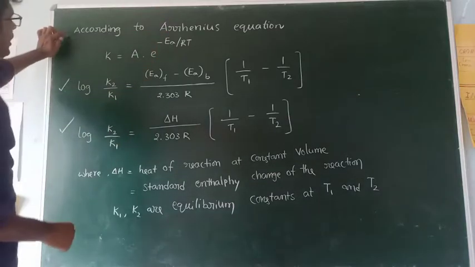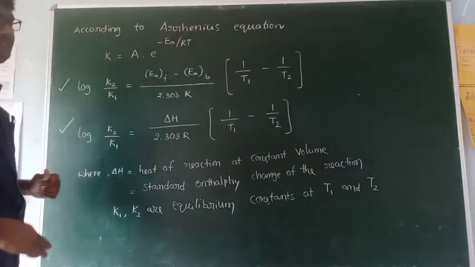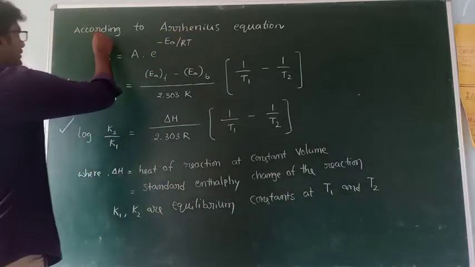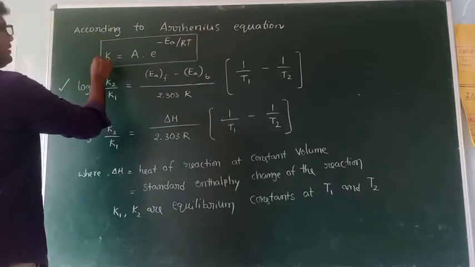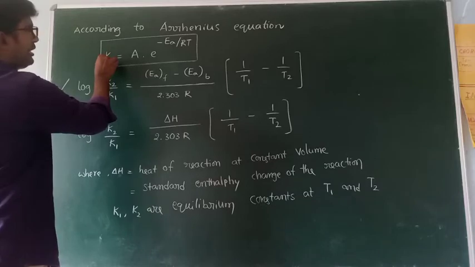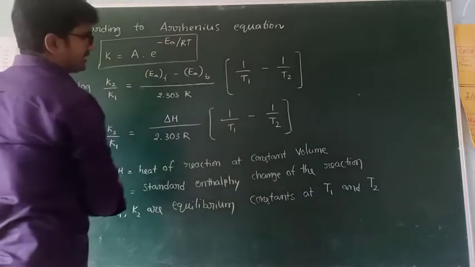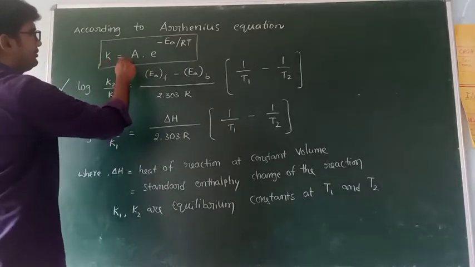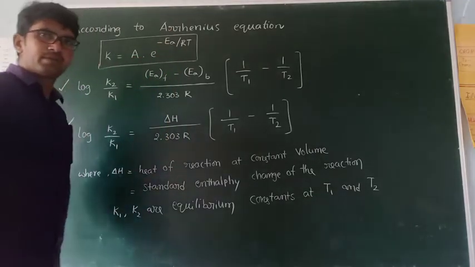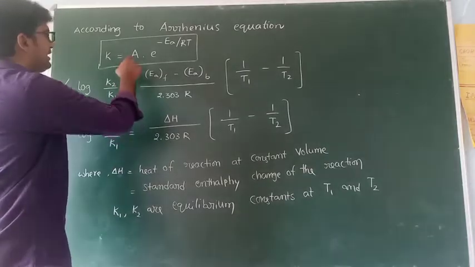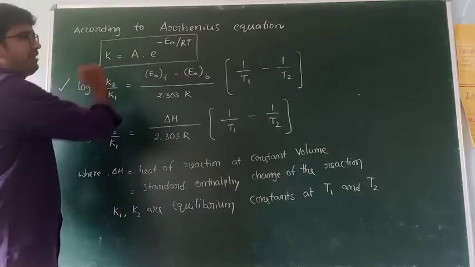Now, this is the Arrhenius equation. This equation is the relation between the rate constant and activation energy: K is equal to A into e power minus Ea by RT. Here A means Arrhenius factor, the proportionality factor.